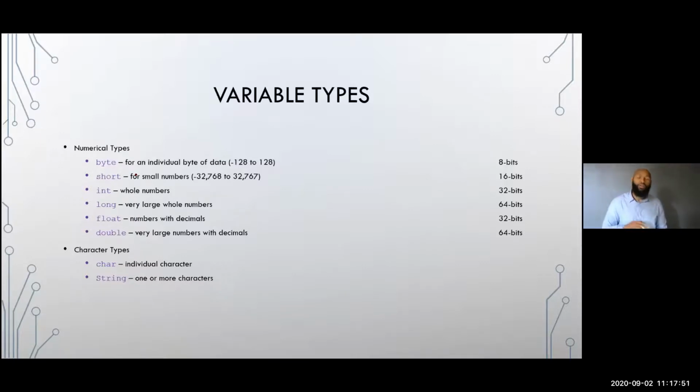A float is for numbers with decimals. A double is for very large numbers with decimals. Then we have a char, which is for an individual character, like an A or a B. And string, which can be a word, an individual letter, or a whole sentence or paragraph. It doesn't really matter. Strings hold all that stuff.